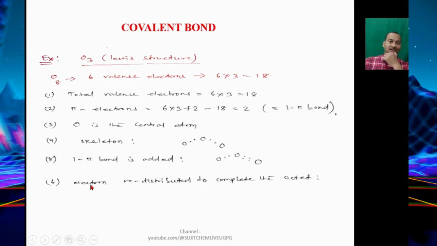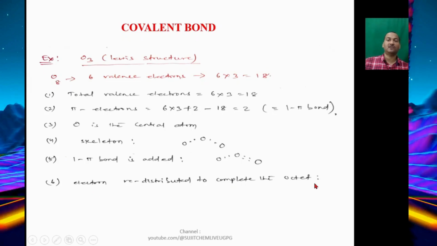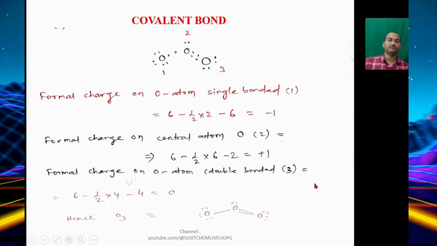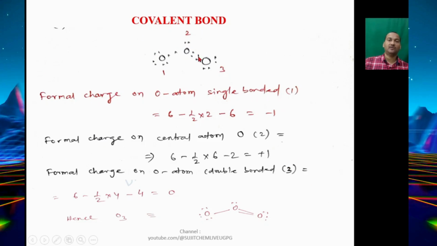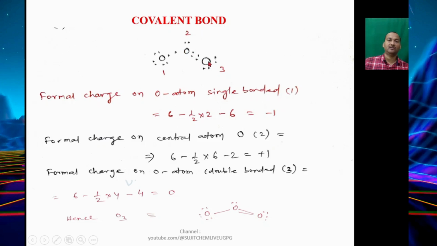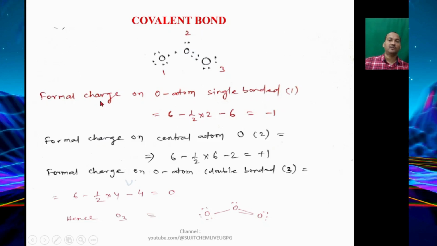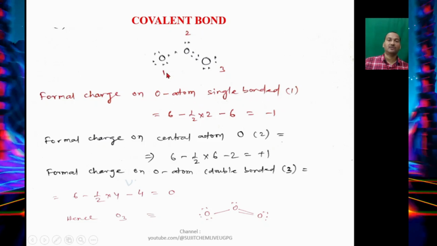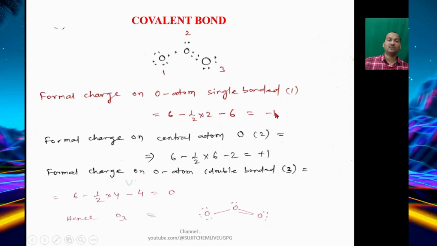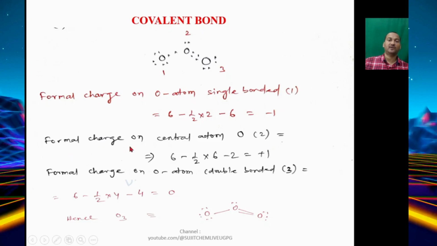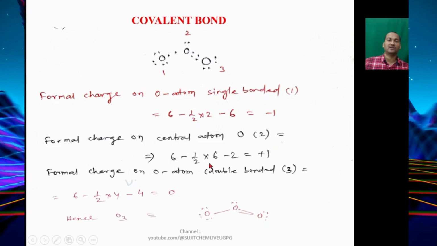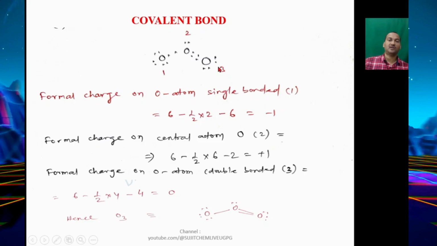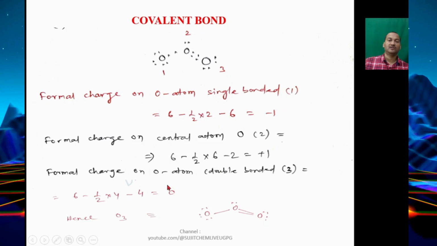Now electrons are redistributed to complete the octet. So here atom number 1, atom number 2 and atom number 3, and here you have a double bond or pi bond. Formal charge on atom number 1 will be equal to minus 1. Similarly formal charge on central atom number 2 is found to be plus 1. And formal charge on atom number 3 is found to be 0.